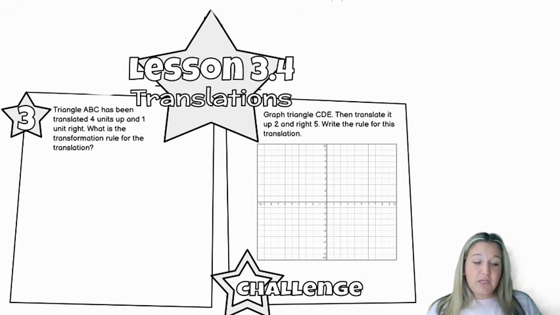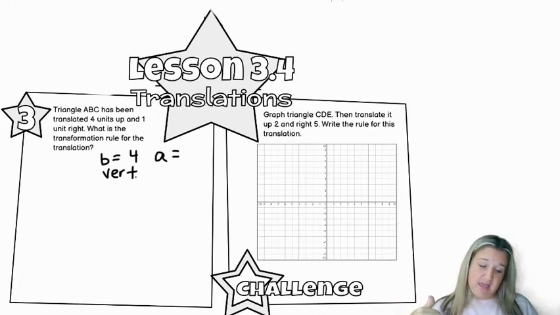All right, so example 3: triangle ABC has been translated up 4 units and 1 unit right. Basically, we're just going to be writing the transformation rule here. So up is going to be my b, and it's going to be a plus, okay? So my b was equal to 4. That's my vertical change. And then my horizontal, which is a, was 1 unit right, so that's going to be in the positive direction as well. Right is positive. That's my horizontal change.